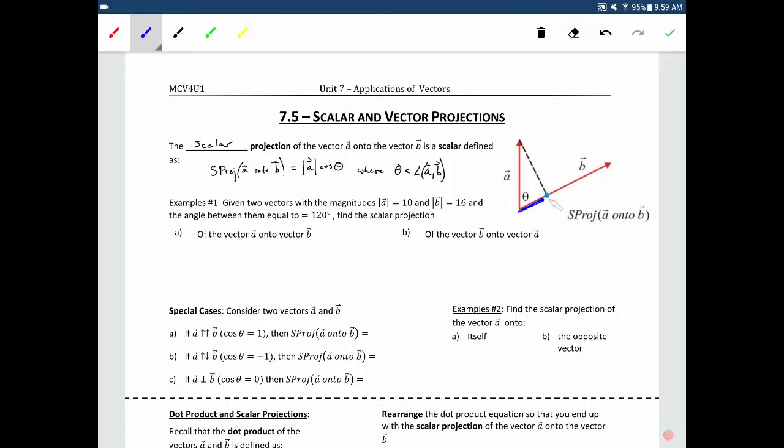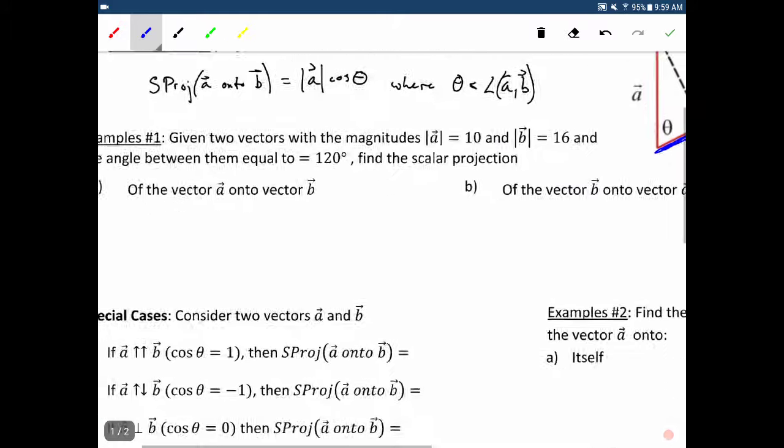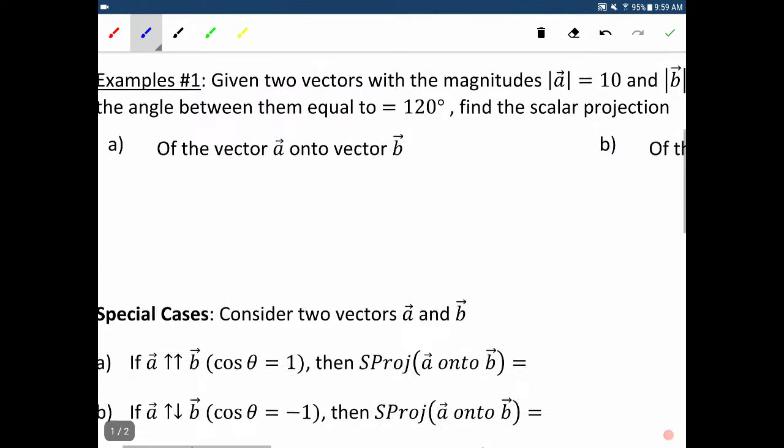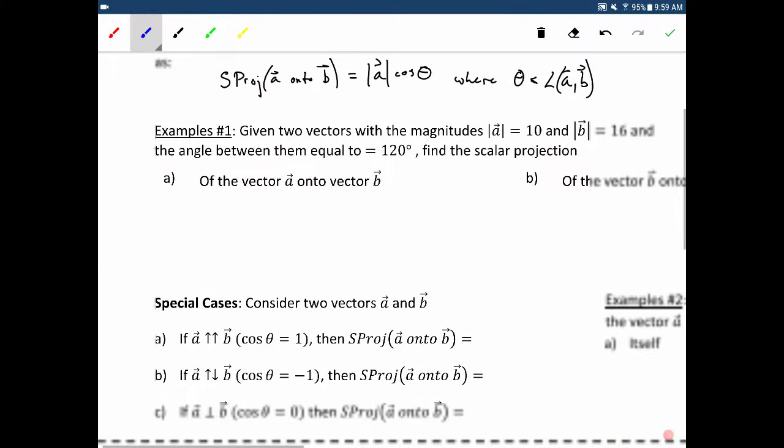Let's do a quick example. The magnitude of A is 10, the magnitude of B is 16, and there's a 120 degree angle between them.